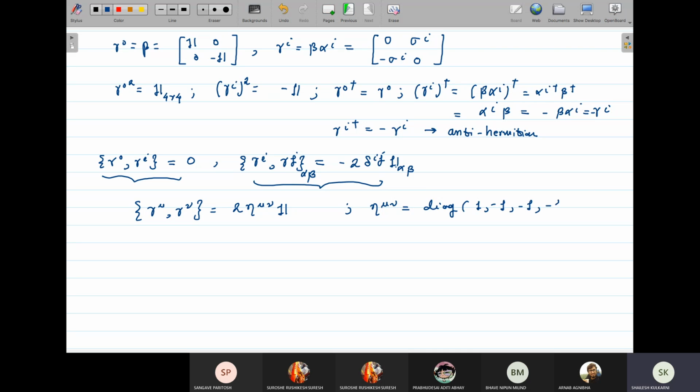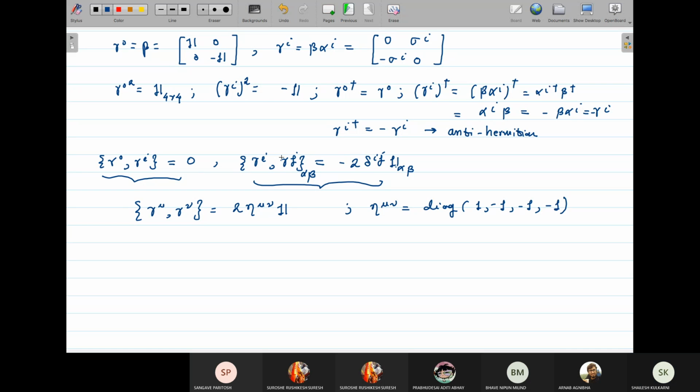There is nothing special about why the metric is coming. We noted that eta 00 is 1, and eta ij is minus delta ij. So this is just a way to write these two expressions in a compact fashion.